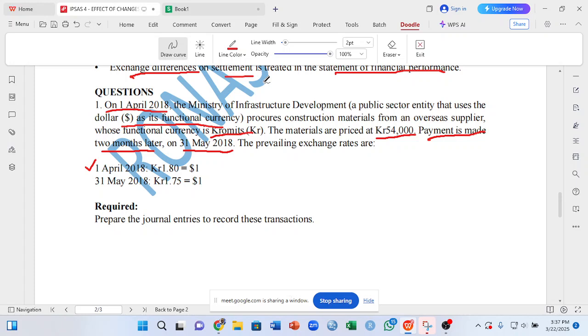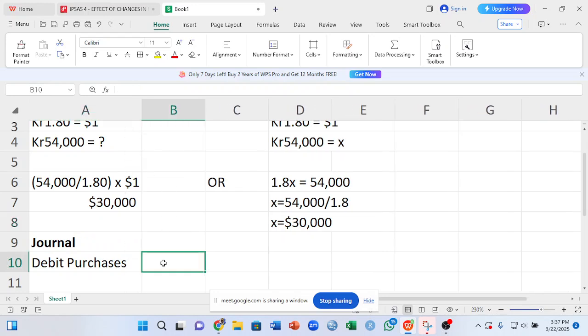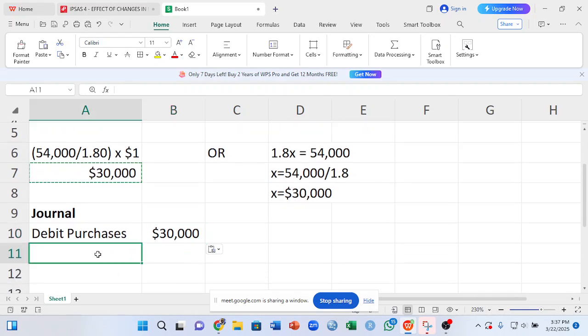So we are going to debit purchases with the amount that we have, which is here. Just copy, paste. Then we are going to credit our payables.